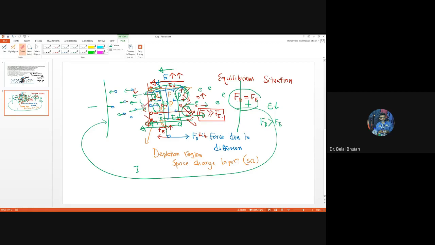Since all of them go this direction, it is going to expose more negatively charged boron ions. So our depletion region will become even bigger.